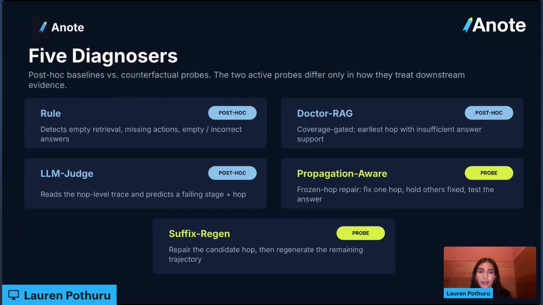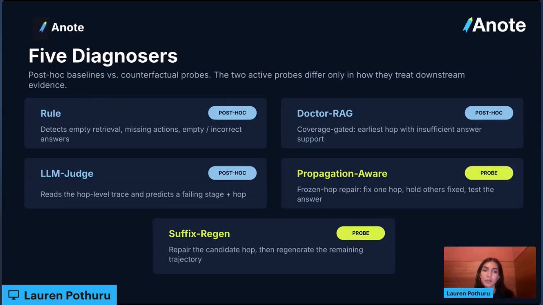So propagation aware would do frozen hop repair. So it would fix one hop while holding the others fixed. And so this would be the case where, say, a RAG system searched for some follow-up information based on the first 3 hops, then that follow-up hop had some sort of flawed retrieval.